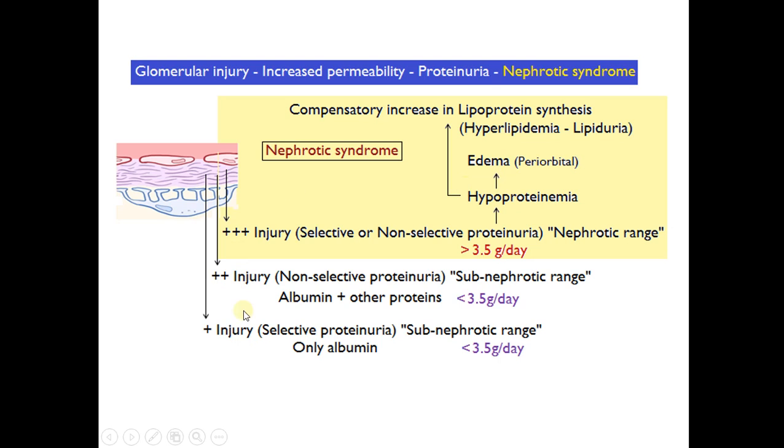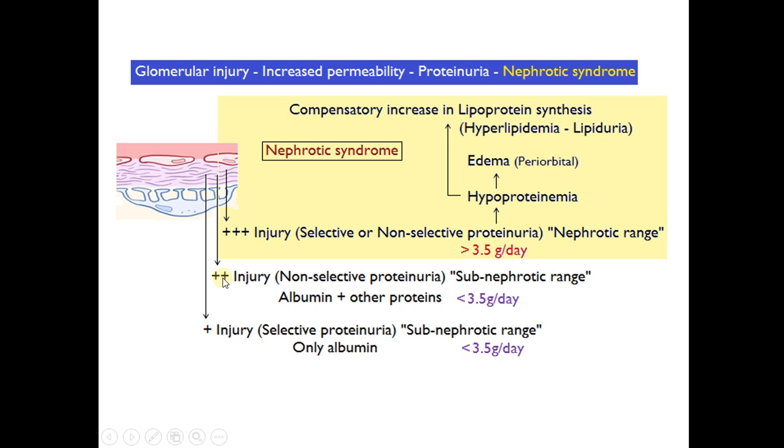We know that minor injury to the filtration barrier will result in leakage of proteins, particularly albumin. And if only albumin is allowed to pass through the filtration barrier into the filtrate and into the urine, and other proteins are not allowed, then we say this is selective proteinuria.